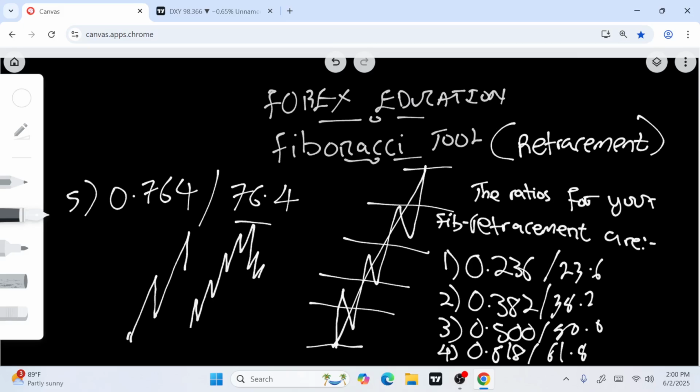From a support to a resistance, and it will go down to the next level, which is what? 38.2. And if it breaks 38.2, it comes down to the next one. So what will be your confirmation? Your candlestick pattern. So if any of the candlestick patterns does not give you a signal on each of those ratios, that means that it will not hold. Then you are looking at the movement at the next percentage.